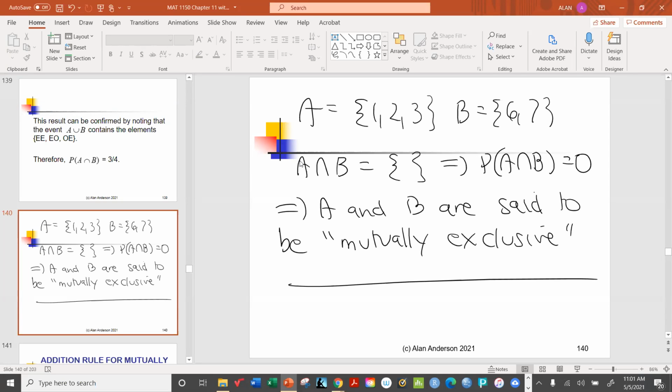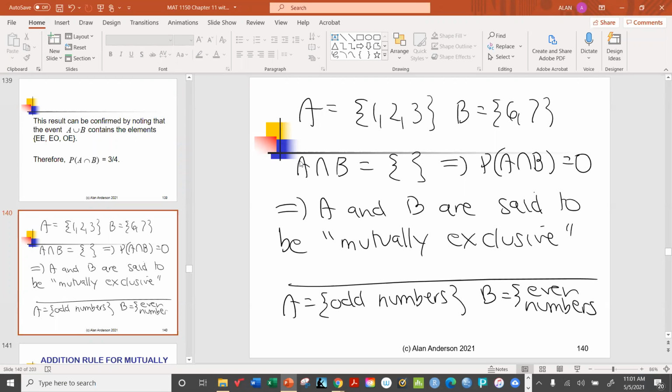Imagine that instead of those numbers, I had the odd numbers and the even numbers. Obviously, their intersection is empty. There's no number that is both. Okay, so that's what this concept means. Now, why does this matter here?